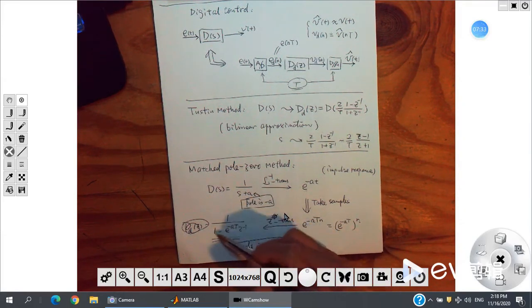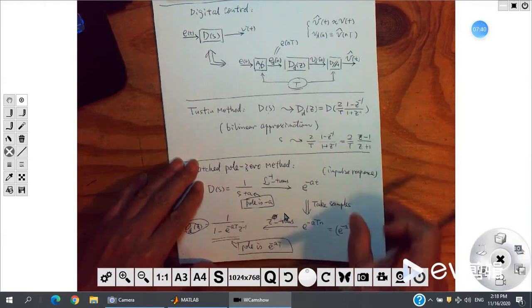Then we have the system for discrete time signals. So the method is described in this way.